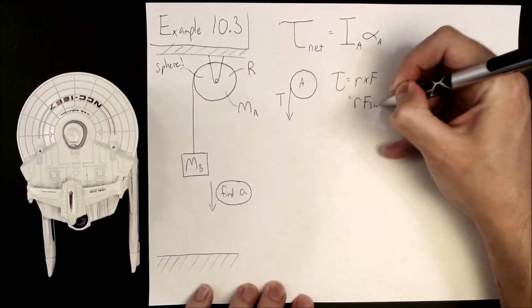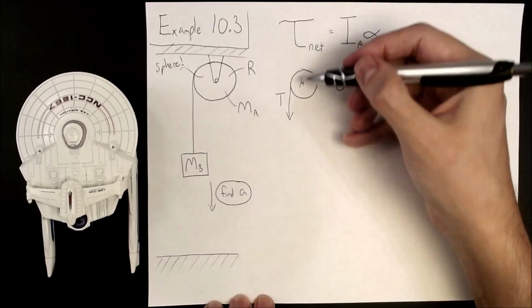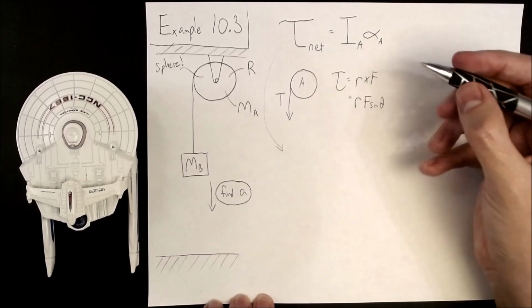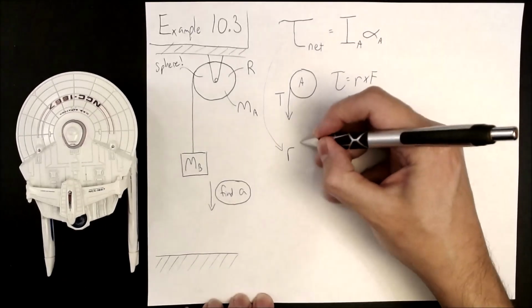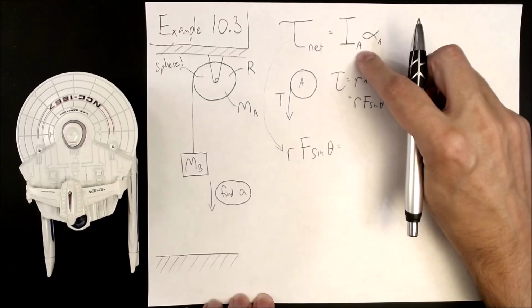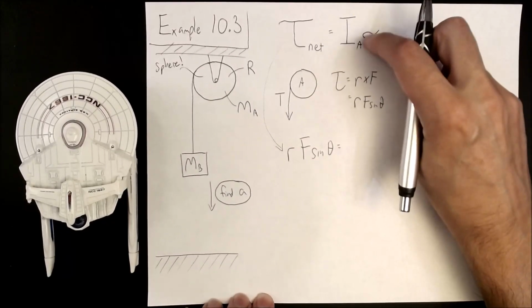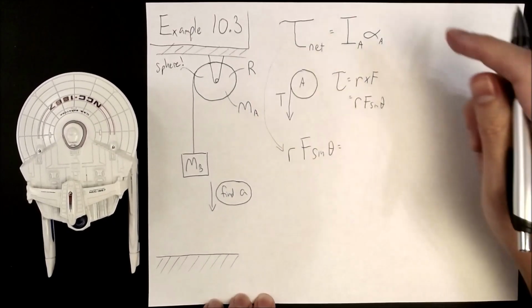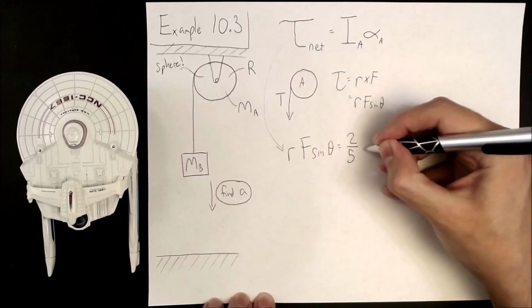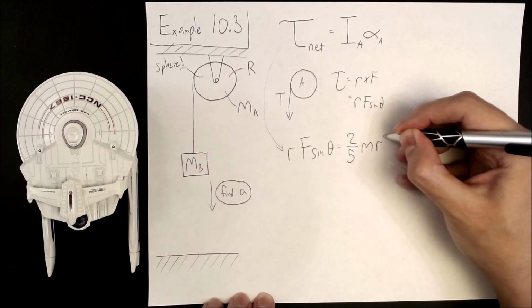which is RF sine theta. And so I can go down here and I can replace net torque with RF sine theta is equal to the moment of inertia of A. Well, the moment of inertia of this sphere is 2/5 mr squared.